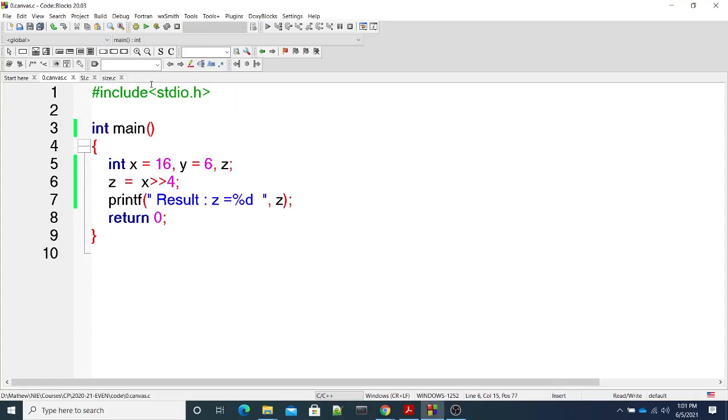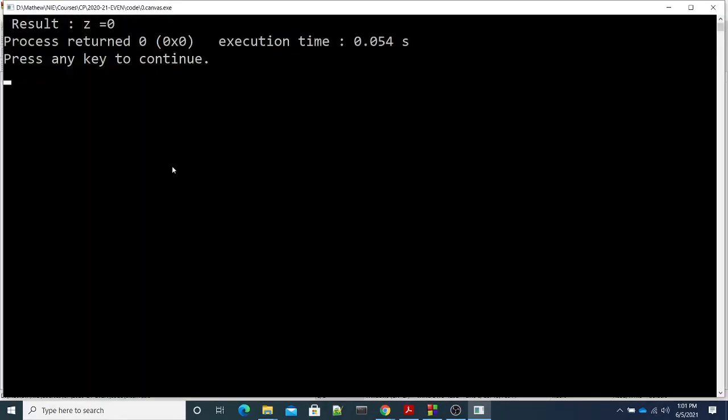Again shifting one more position, I got 0. So shifting towards right is effectively resulting in integer division. 16, 8, 4, 2, 1, 0. Integer division by 2.